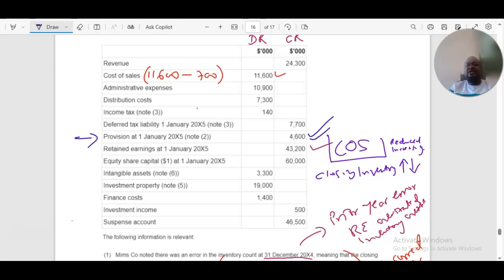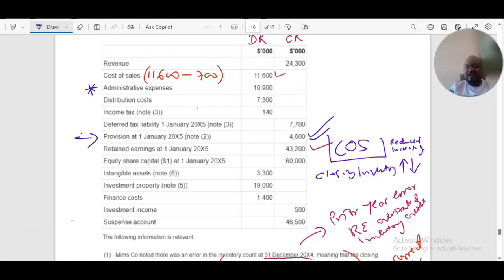Yes, of course, in the statement of profit or loss, there was an increase in the provision, an expense related to the provision, as we have already indicated. But it is advisable to just slot that figure into the admin expenses. You can indicate a note 2 or note 3 or something like that so that the examiners will see. That shows that you are now mature.